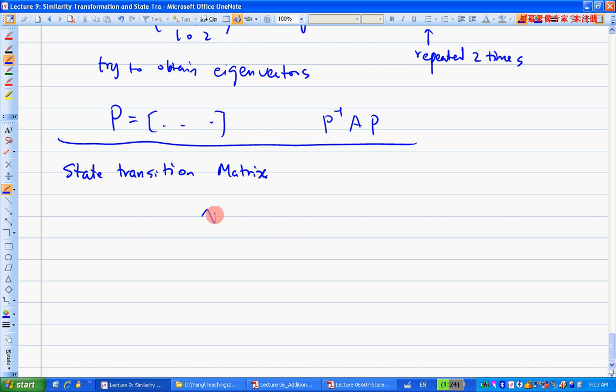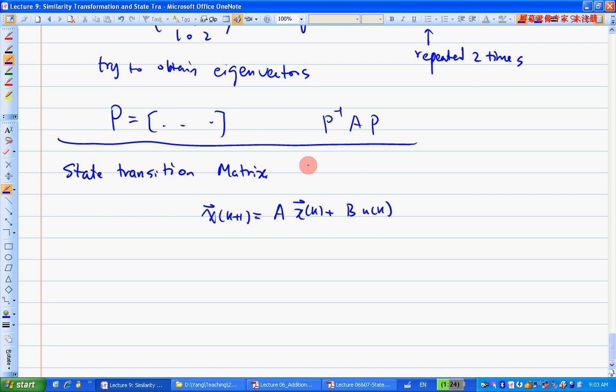We're going to be looking at this discrete state space model. As a matter of fact, the title is state transition matrix.